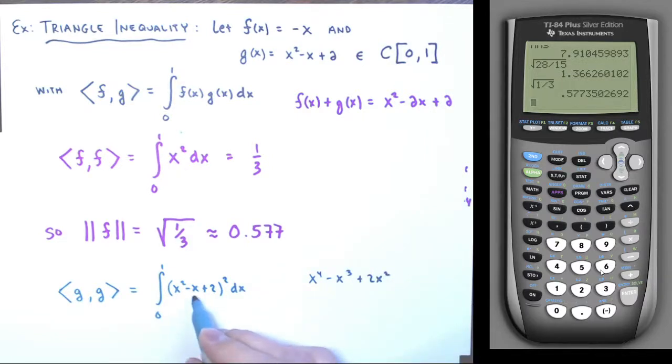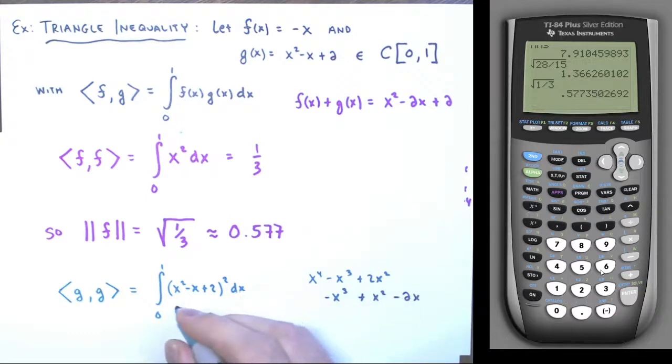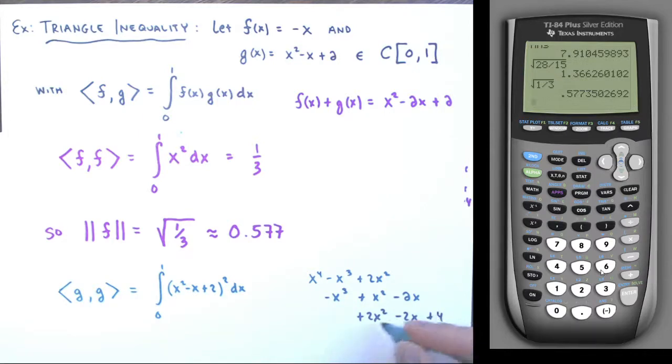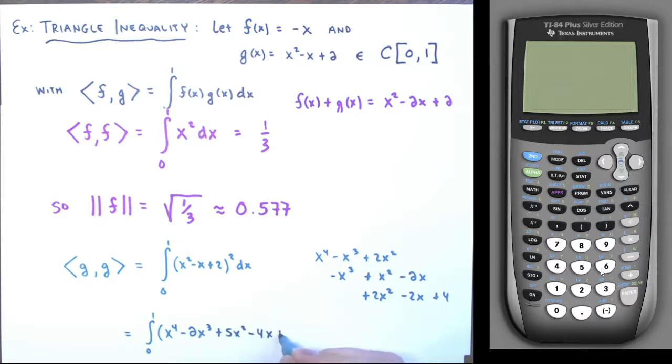And then I'll distribute the negative x to it, minus x cubed plus x squared minus 2x, and then distributing the 2 gives me plus 2x squared minus 2x plus 4. Alright, then we'll combine like terms. So this is the integral from 0 to 1 of x to the 4th minus 2x cubed plus 5x squared minus 4x plus 4, right, with respect to x.